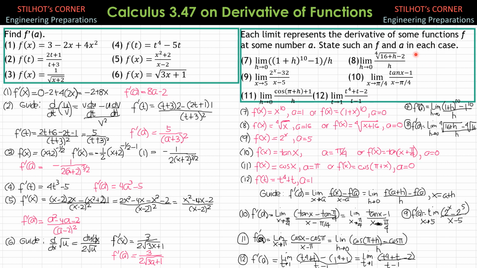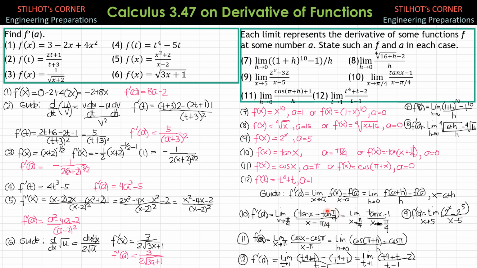Number 10, the limit of tangent x minus 1 over x minus pi over 4 as x approaches pi over 4. So a is pi over 4. And this is our solution. This is our guide. Since I predicted that f of x is tangent x, it should be the limit as x approaches a, or pi over 4, of tangent x minus tangent of a. F of a is tangent of pi over 4 because a is pi over 4, all over x minus pi over 4.